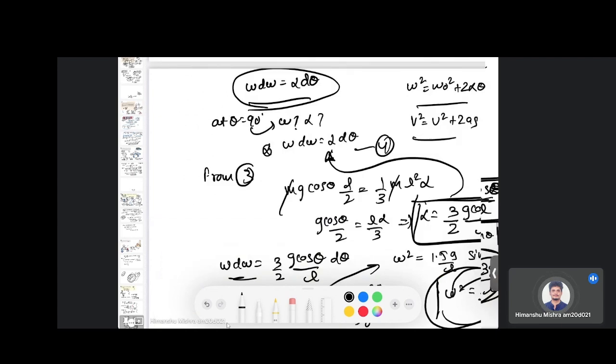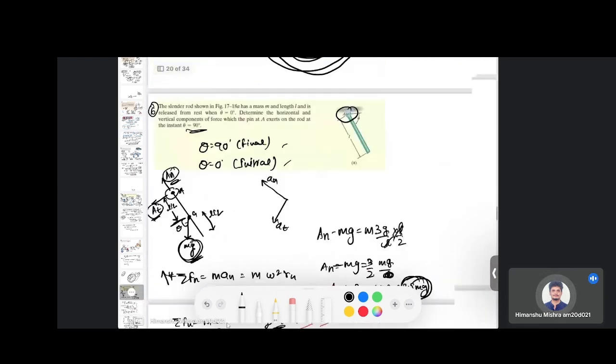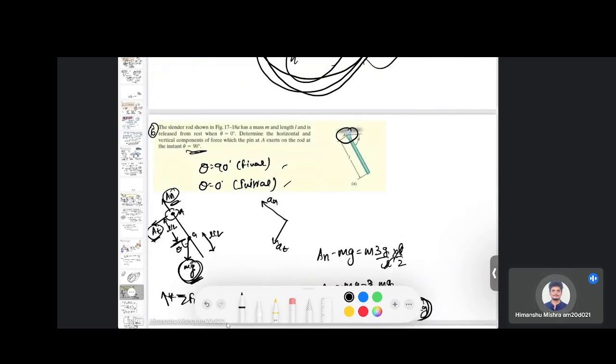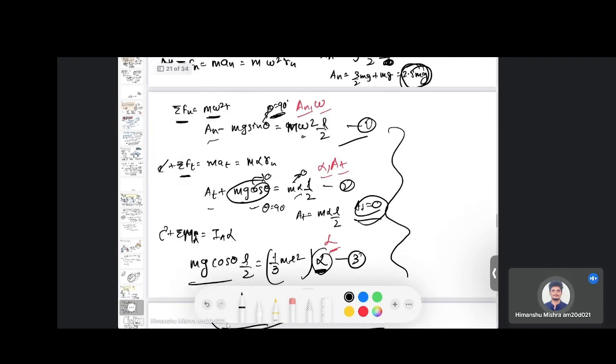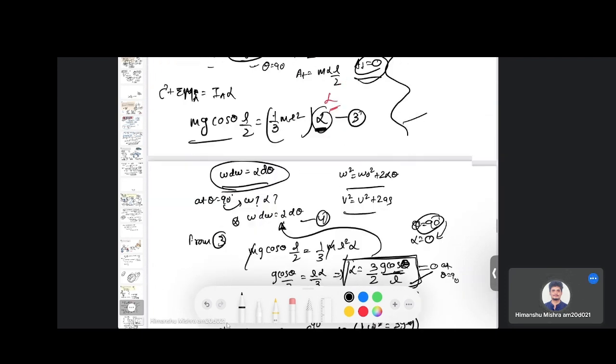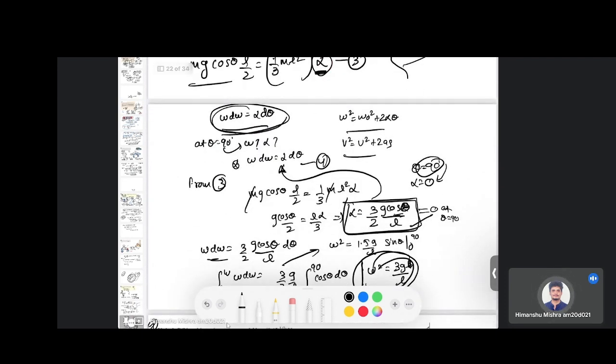Right, so just to recap here, we were given a system which is rotating. We were given a slender rod which is rotating, and we need to find the force and the reaction forces at A at an instant when theta equals 90. So we wrote down the force balance and moment balance equations, and we found that there are too many unknowns. We have 3 equations, but we have 4 unknowns here. So we used the kinematics equation, where we define the relation between the distance and velocity.